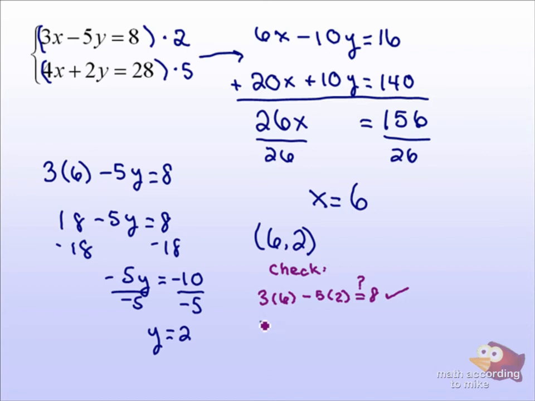We'll do the same thing for this other equation. 4 times 6 plus 2 times 2. This is 24 plus 4 more, which is also 28. So this works out. So the lines 3x minus 5y equals 8 and 4x plus 2y equals 28 intersect at the point 6, 2.